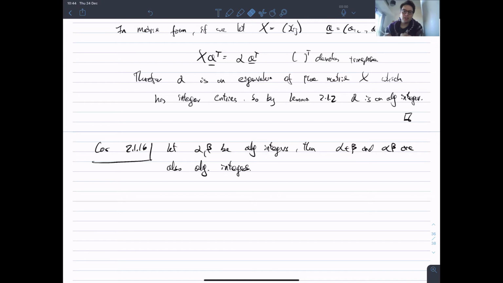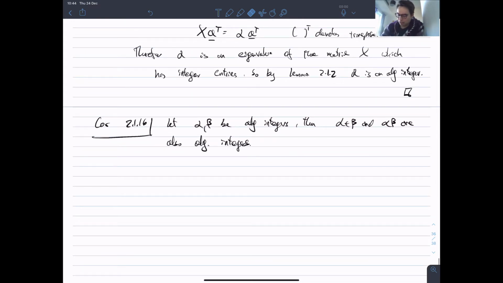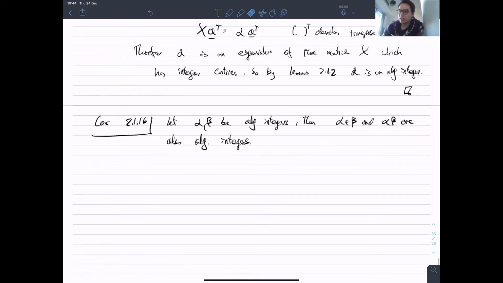If you add the minimal polynomials, the roots of that won't be alpha plus beta. If you multiply them together, the roots of that won't be alpha times beta. So it's not clear how you would do this by hand. But it is true that we can prove that there has to exist one. So here's the proof of this corollary.